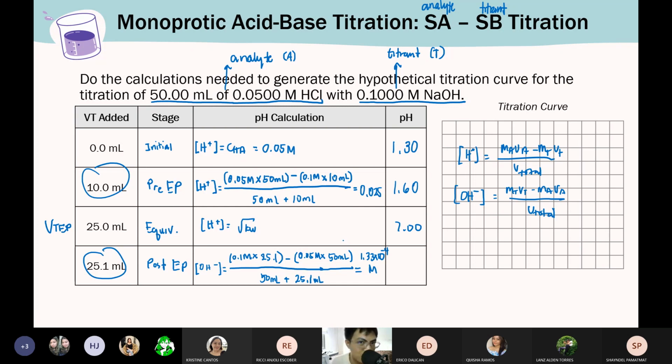Question is, what's the pH? Kayo magsagot. If that's the concentration of OH, what is the pH? Sige. Tignan ko kung careful kayo sa details. Okay, sige. What's the pH?